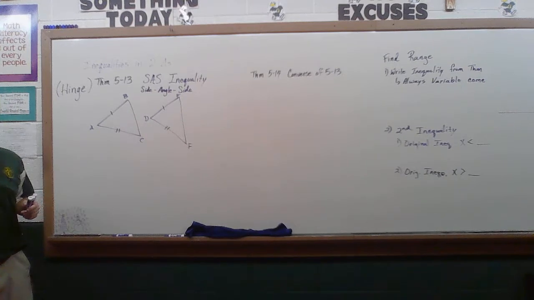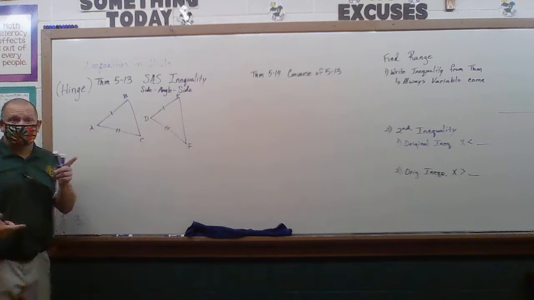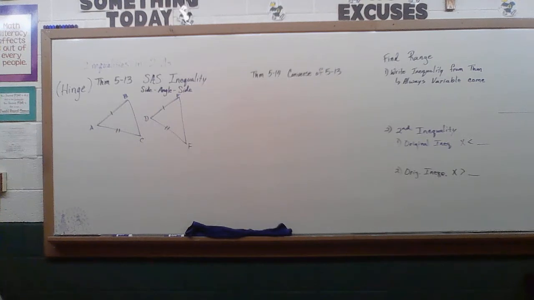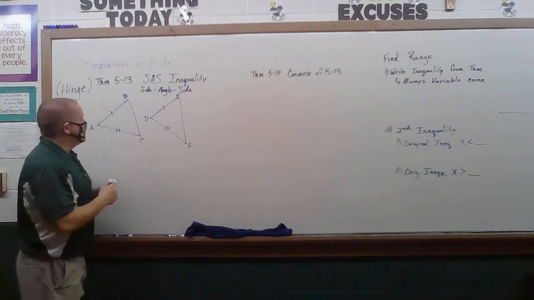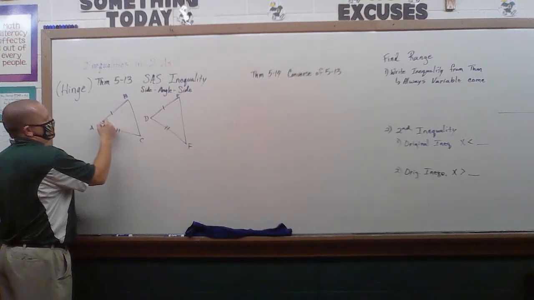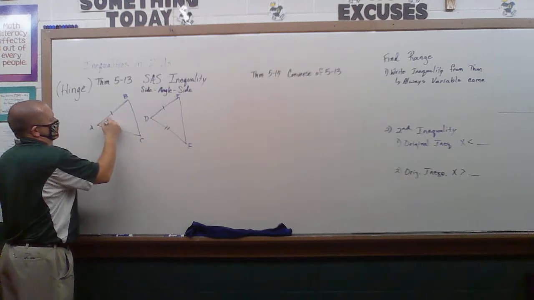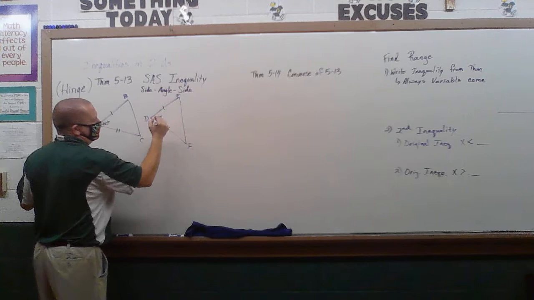Angle D and angle F, right? So we're going to compare these. If they're congruent, then the two triangles are congruent by side angle side. But basically, we're talking about inequalities today, so we're going to say that this angle right here is 60 degrees, and this angle right here is 75 degrees.